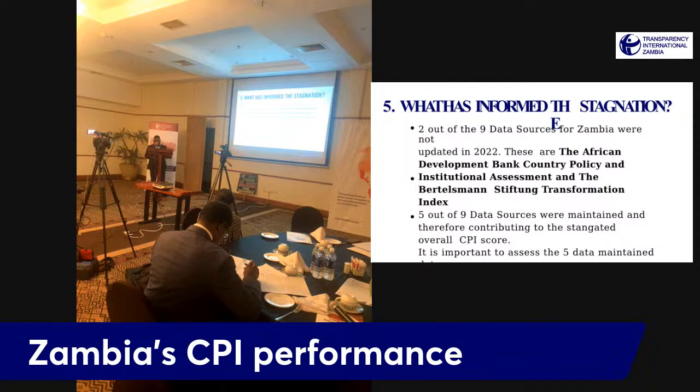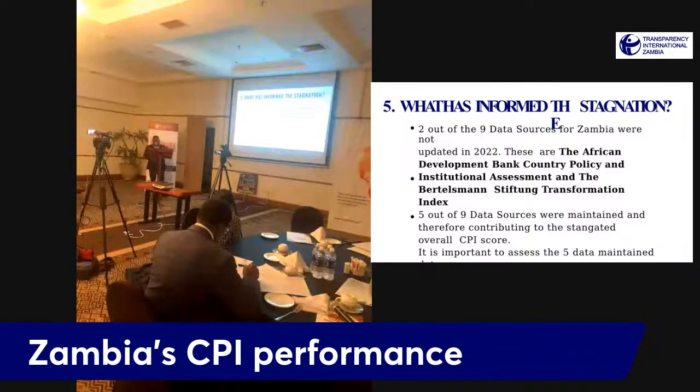These are the African Development Bank Country Policy and Institutional Assessment and the Bertelsmann Stiftung Transformation Index. So these were not updated, meaning that if you look at a 0 difference in the score, that just is attributed to the fact that the data source was not updated, so we don't have new information, okay? So we cannot really say that is the reason for the stagnation.